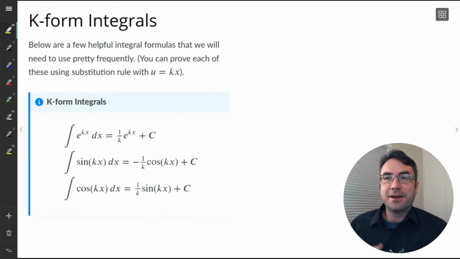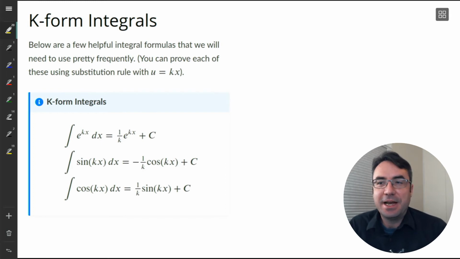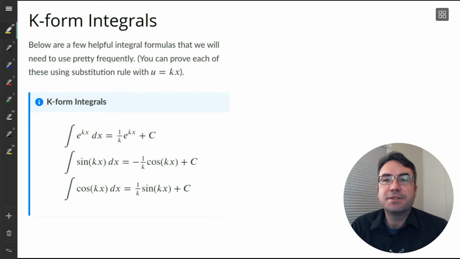Before we get there, it'll be helpful to mention something we mentioned yesterday. We have these K-form integrals, and I've listed a few here. These will be helpful, and you can prove each of these if you want the practice. You can prove each of these using substitution rule, where you set u equal to k times x.